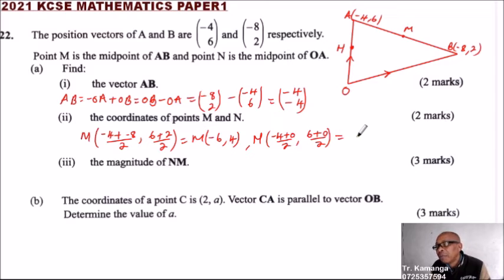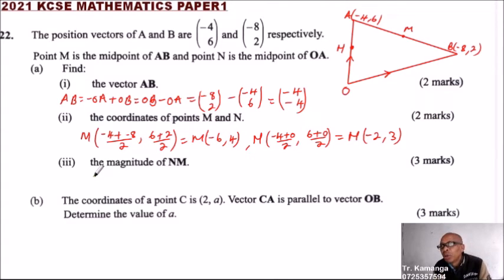This gives you -4 divided by 2, that is -2, and 6 divided by 2, you should be able to get 3. So N is (-2, 3). You'll be able to get a mark for each.